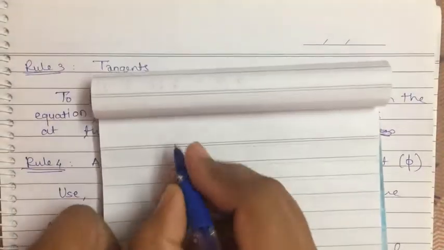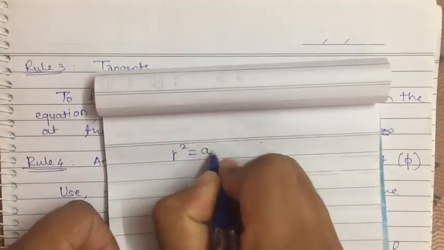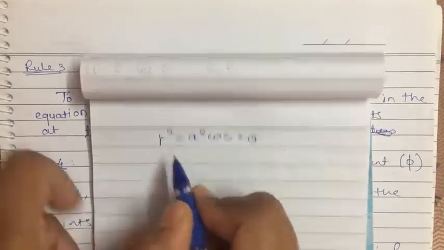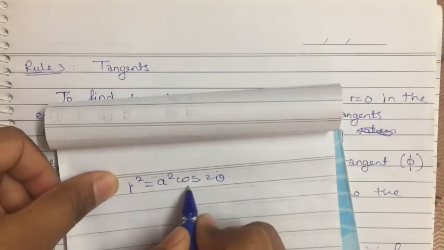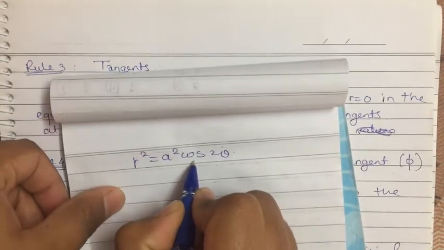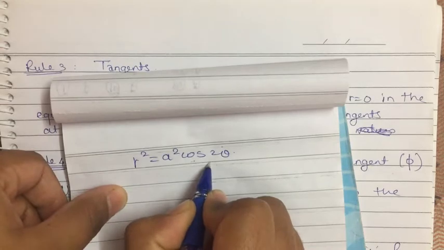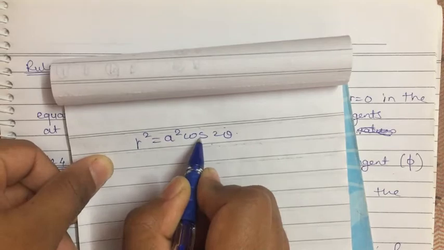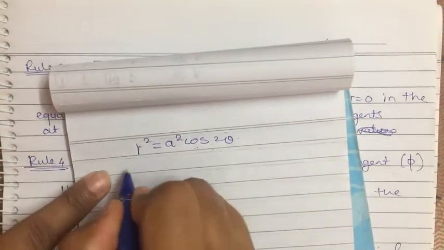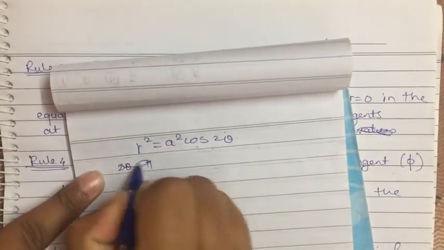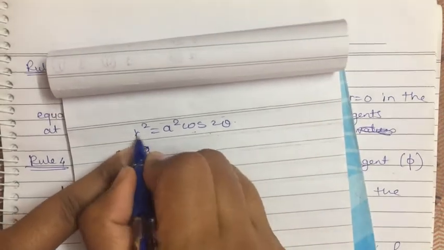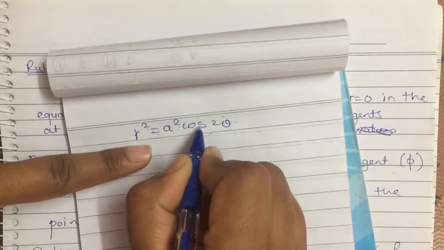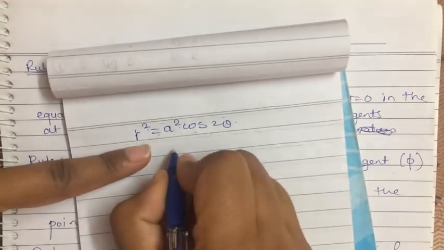Suppose we have the same kind of equation, r square equal to a square cos 2 theta. Now you know that this will pass through the origin, that is, through the pole. Why? Because we need cos to be 0.